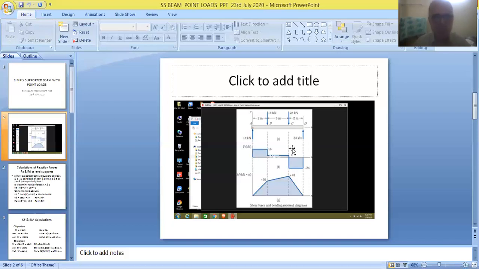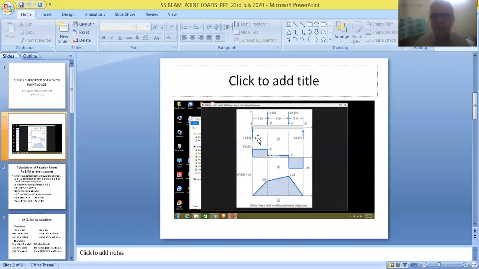For the BC portion, the lower limit must be taken as 2 meters and the upper limit as 5 meters, 2 plus 3, 5 meters. And similarly, for the AB portion, the lower limit must be taken as 5 meters and the upper limit as 7 meters, to substitute these limits in the corresponding SF and BM equations.